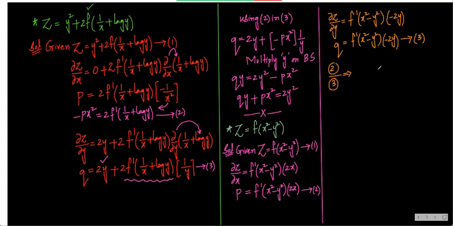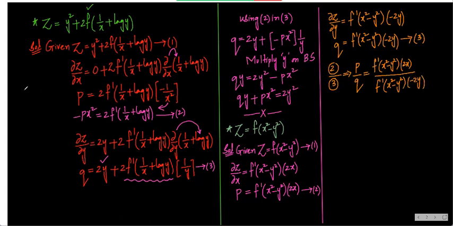To eliminate the arbitrary function, what I am doing here is dividing 2 by 3. So dividing equation number 2, the right side value is p, and here the right side value is q. Here we have f dash of x square minus y square into 2x, divided by f dash of x square minus y square into minus 2y.